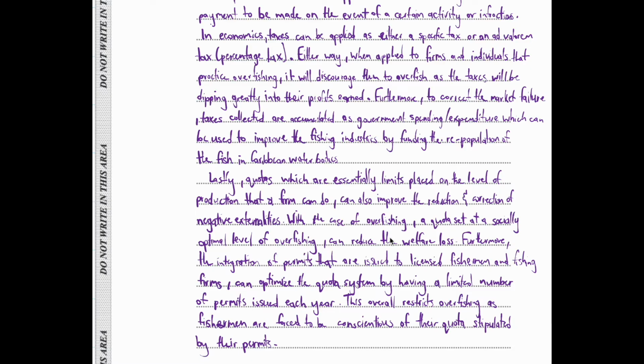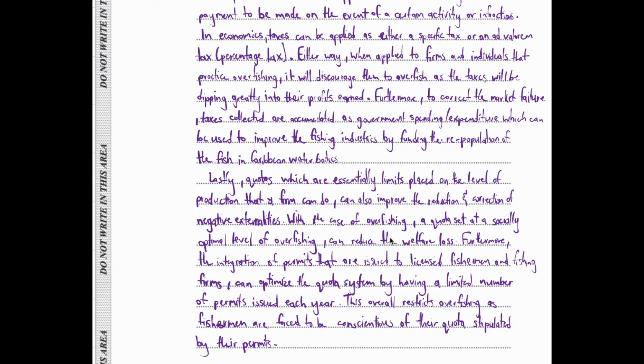Furthermore, with the integration of permits, in particular tradable permits, that are issued to license fishermen and fishing firms, can optimize the quota system by having a limited number of permits issued each year. This overall restricts overfishing as fishermen and fishing firms are forced to be conscientious of their quota stipulated by the permits.